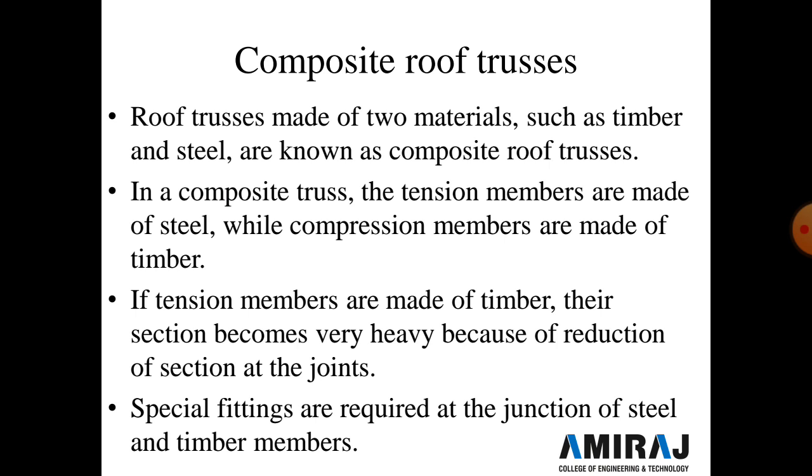Now the next type of truss is the composite roof truss. A roof truss made of two materials, such as timber and steel, is known as a composite roof truss.